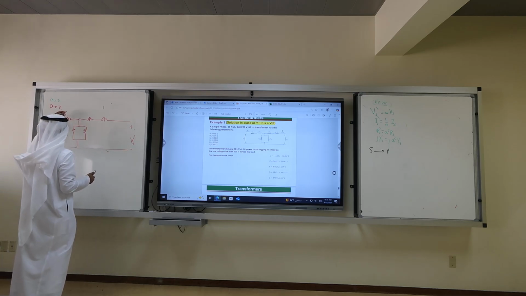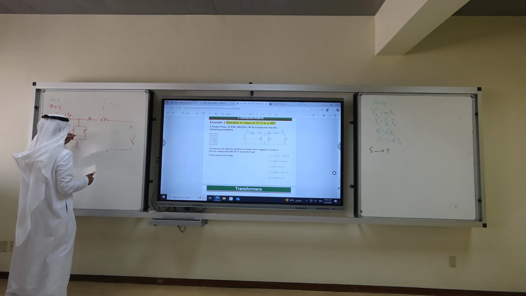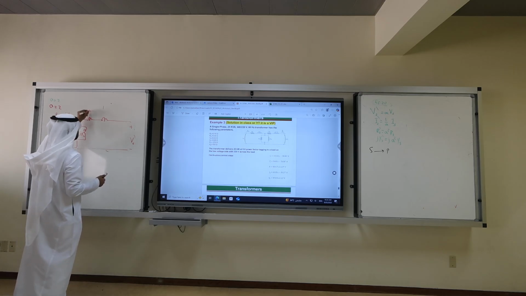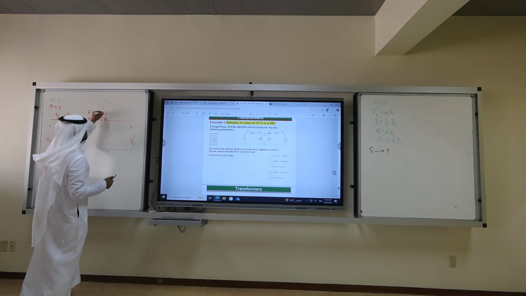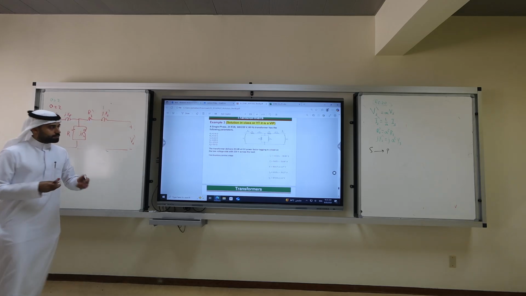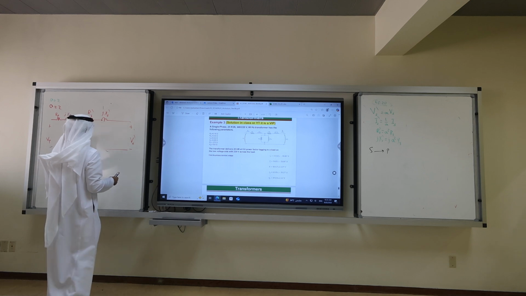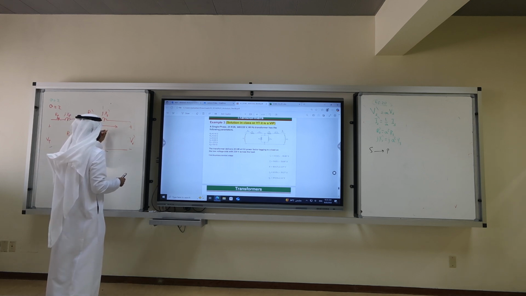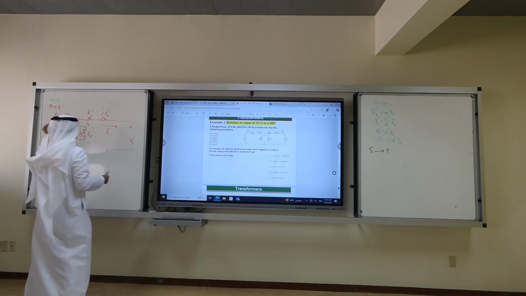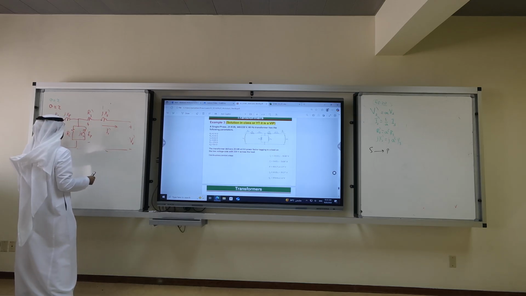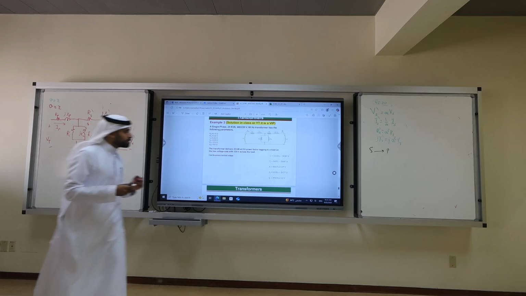Rp, jXp, Rc, jXm, Rs prime, jXs prime. What is this voltage here I told you? Ep. What is this current? Is prime. What is this current? Ip. Anything I'm missing? No.